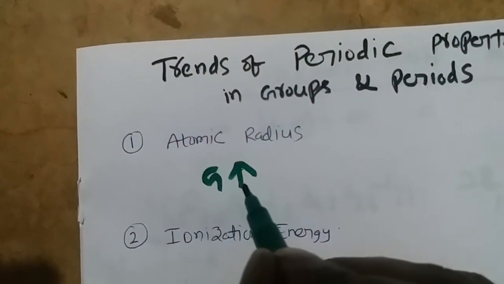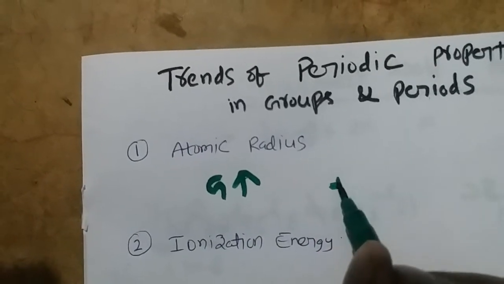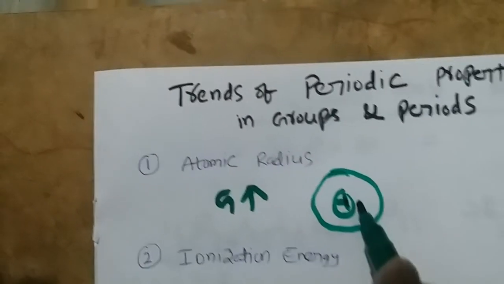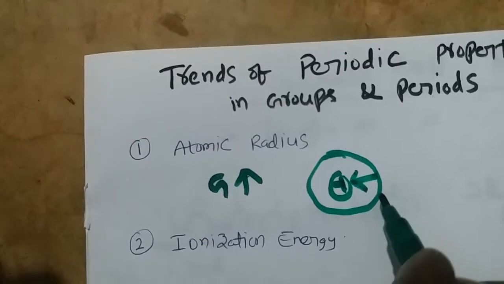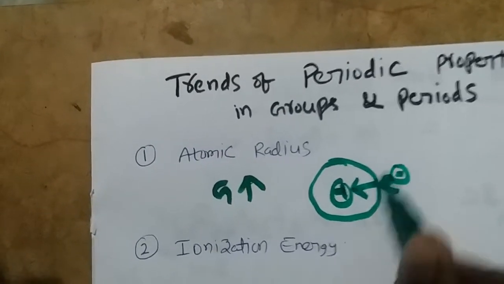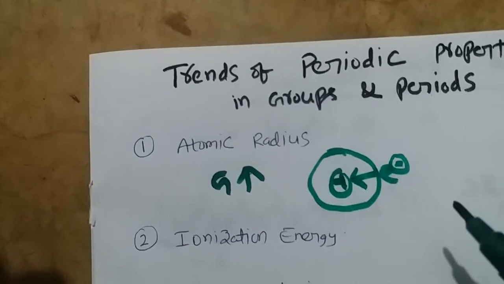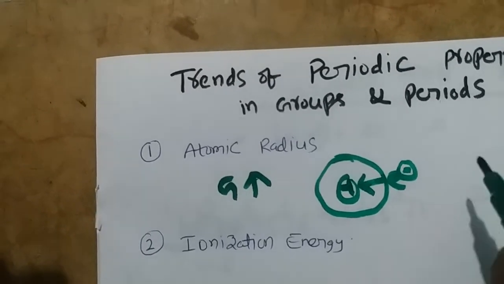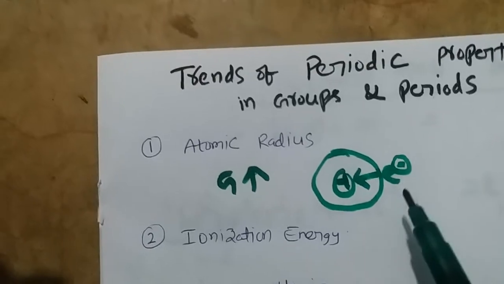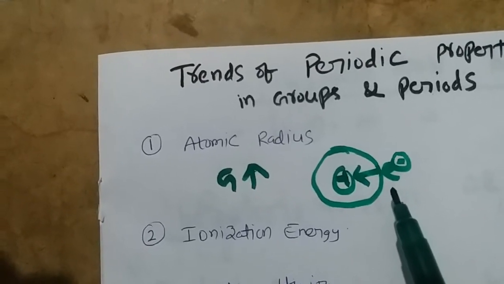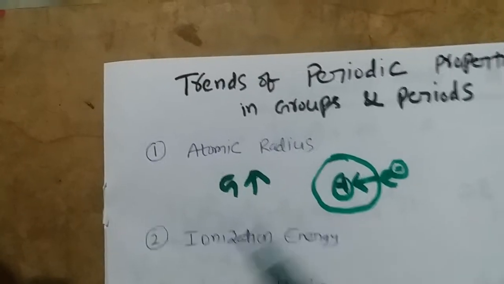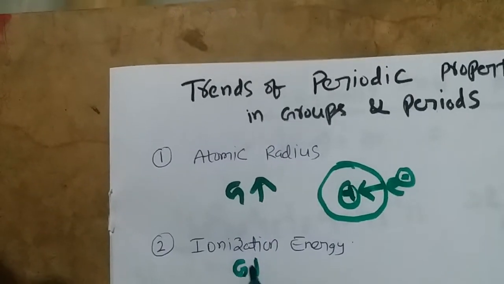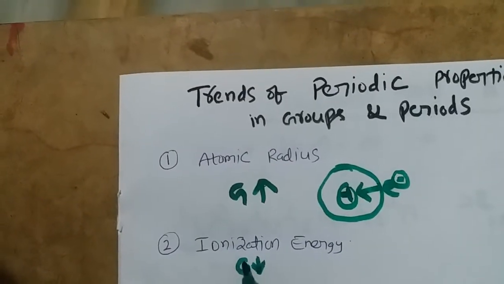As atomic size increases, the nuclear attraction force over the valence electrons will be decreased. Then what happens? Ionization energy will be decreased in groups.